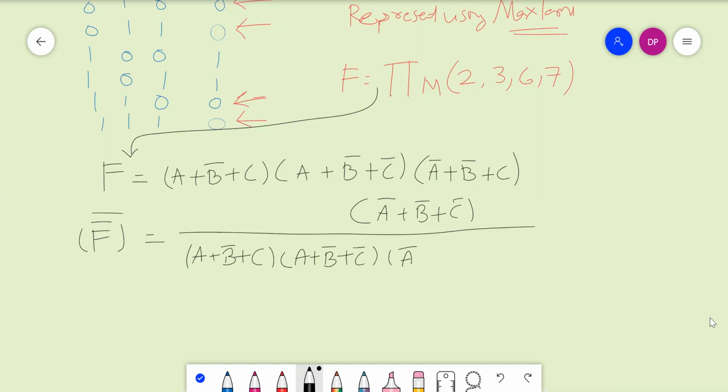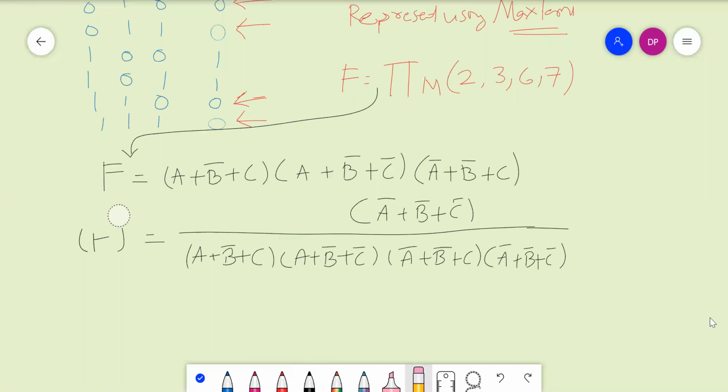Using De Morgan's law, if we take it as A, B, C, D, we can write it as A plus B plus C plus D, whole complement. This is A dot B dot C dot D complement. I have made a mistake here, so this is F bar.